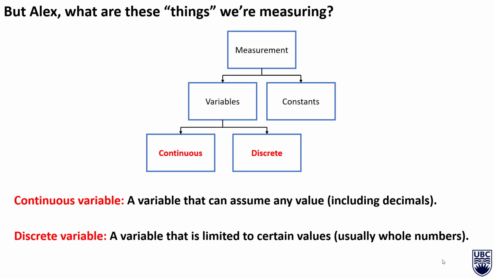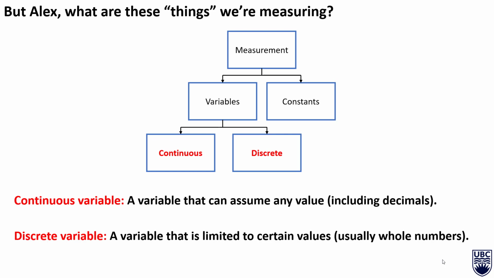A continuous variable is a variable that can assume any value. So this includes decimals. An example of a continuous variable would be something like time, right? Let's suppose that our research question is how long in minutes and seconds does it take for a certain sample of people to run 100 meters.